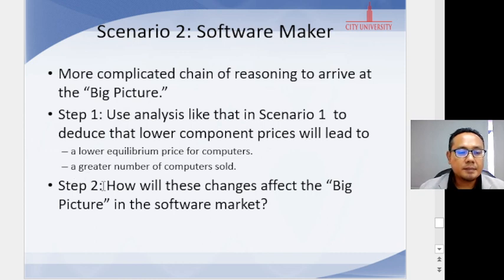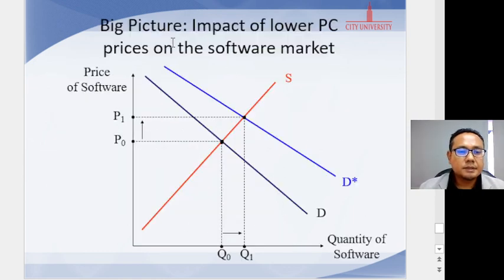The second step: how will these changes affect the big picture in the software market? This is the big picture, the impact of lower PC prices on the software market. The demand will also change, moving from D to D star.